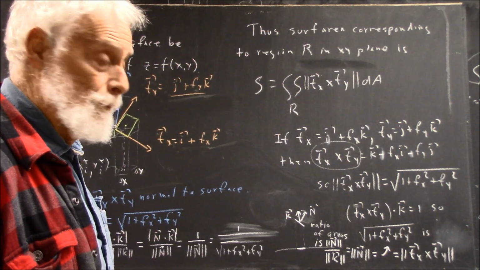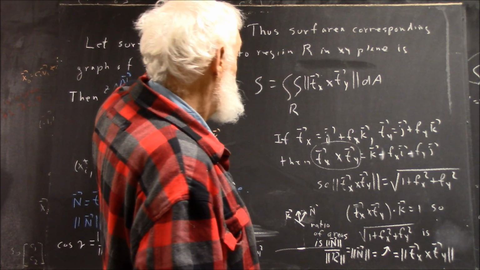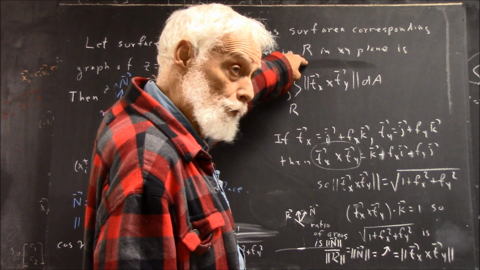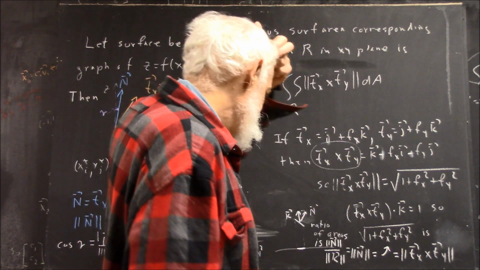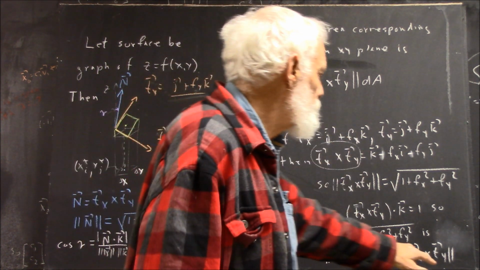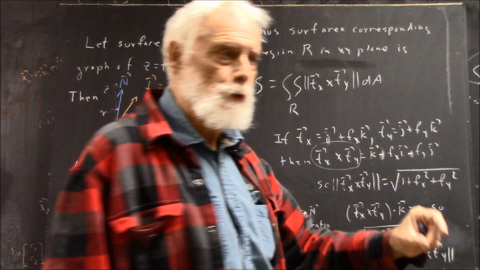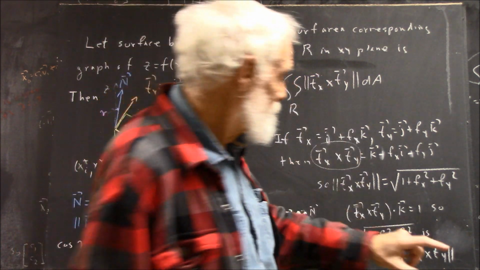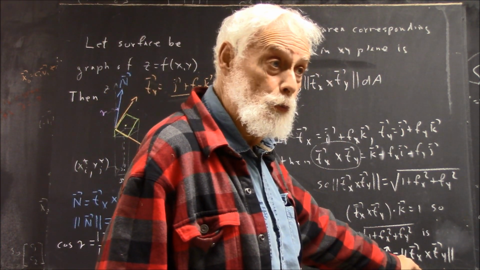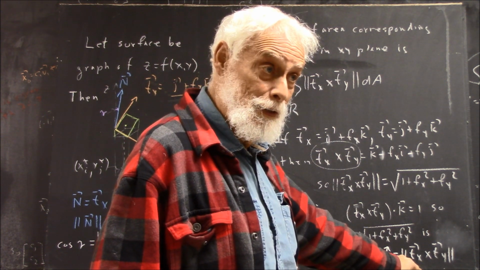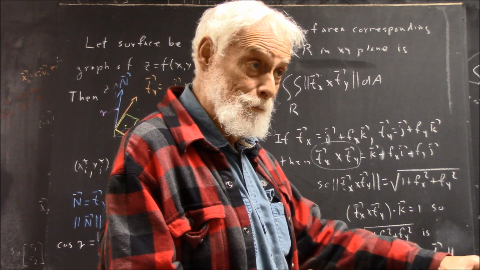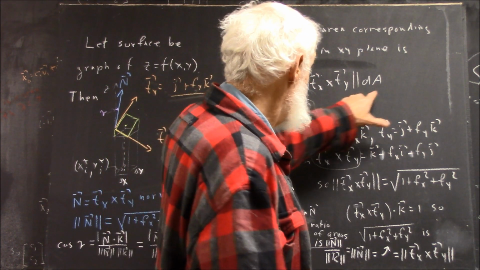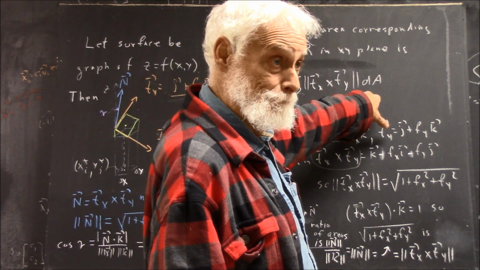Okay? And from that, the surface area corresponding to region R in the xy plane, well, the ratio of the areas is this, meaning the area of any increment is the magnitude of Tx cross Ty at the sample point times your delta x delta y, right? So it's just this times your area increment.